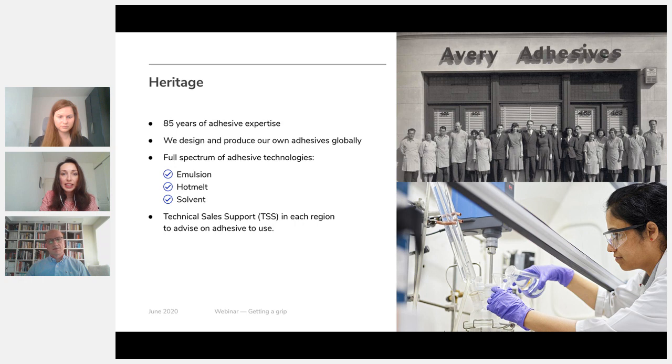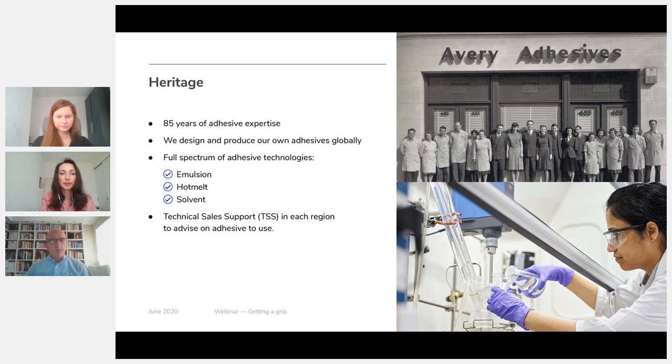Let's see. Nimesh has asked the question, what is the difference between an emulsion acrylic and a hot melt acrylic adhesive? This is an interesting question. An emulsion acrylic adhesive is basically an adhesive that we coat out of water. So this is an emulsion, an emulsified polymer. When we have a hot melt acrylic, we apply it as a hot melt adhesive, and then the material is cured on the web.